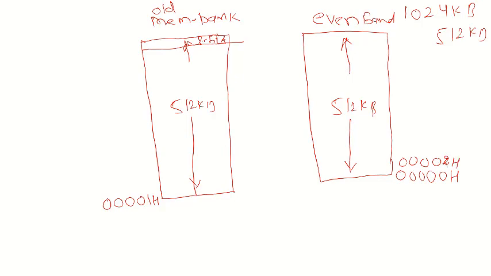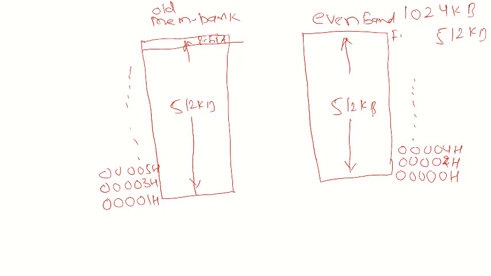So this will be 00003h, like this. Okay, so this will be 00004h. So this will be 00005h, and so on. And similarly कुछ इस तरह से. So ये कुछ इस तरह से हो जाएगा.